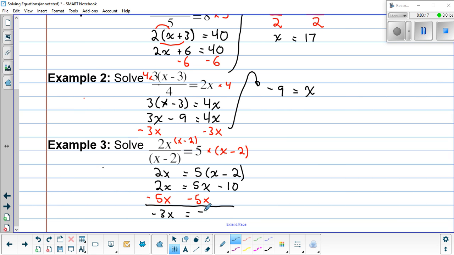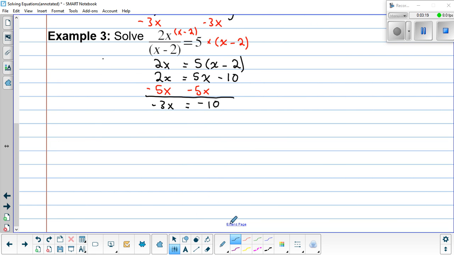And on our right, we have minus 10. So we can divide both sides by our coefficient of minus 3. And at the end, we'll be left with x equals negative 10 over 3, or negative 3.3 recurring.